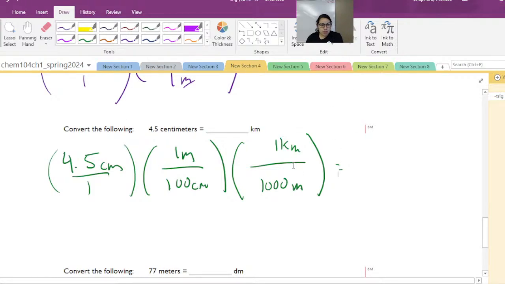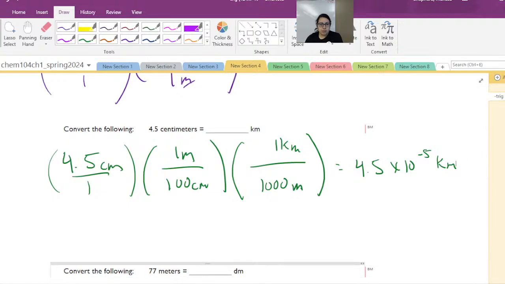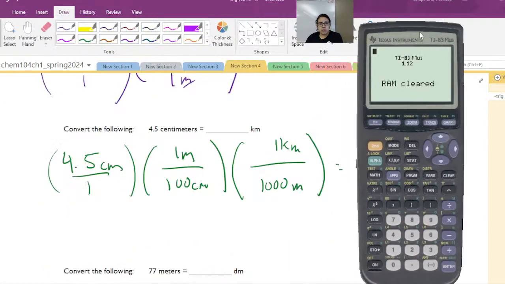And then that gives us, and we can plug this into the calculator, or it looks like 4.5 times 10 to the -5 kilometers. Let me fire up my calculator so you guys can leave my mental math.